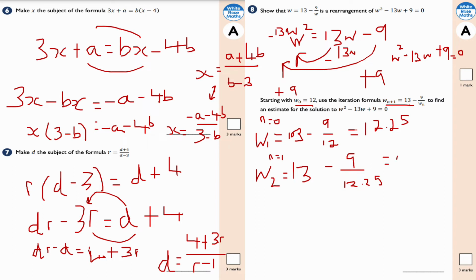So then the next one gave me 12.265306. This one's going to go for a bit longer. I'm going to get W3.